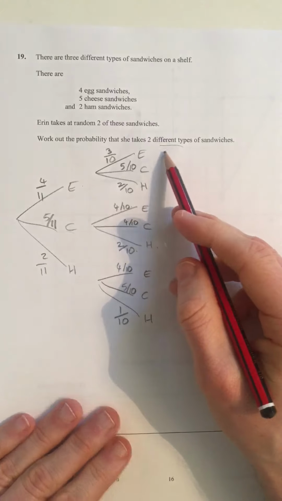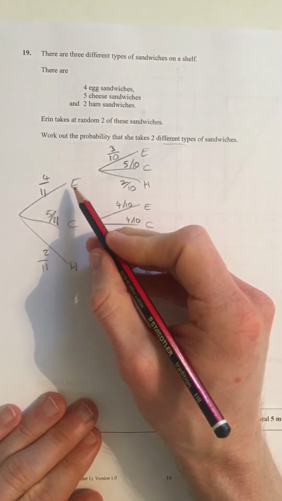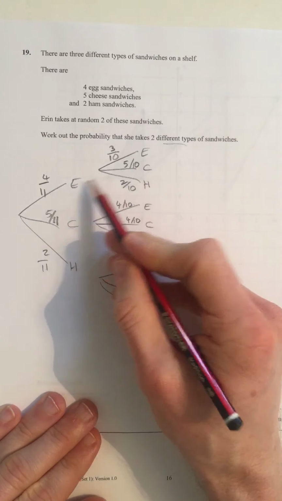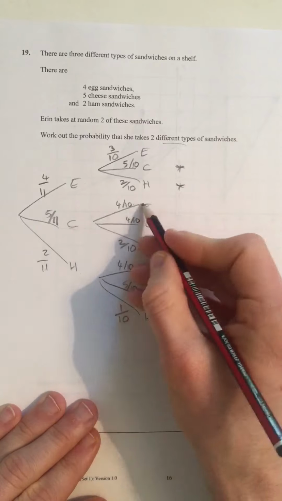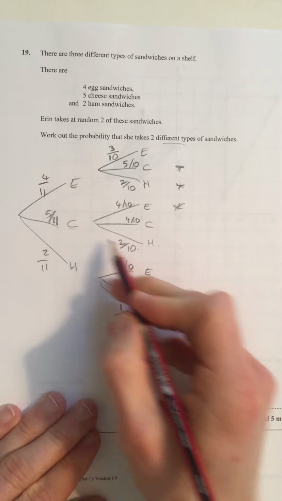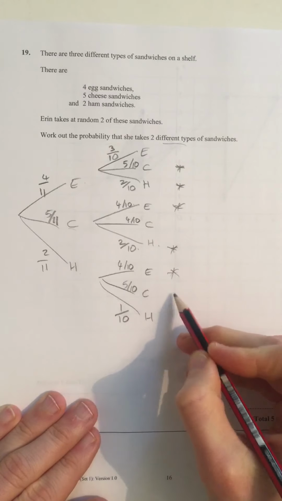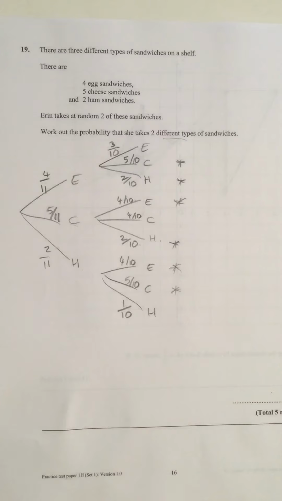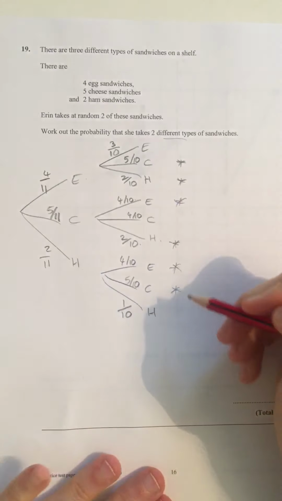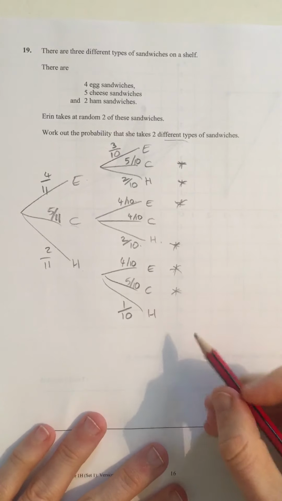So we want to work out the probability she takes 2 different types of sandwiches. So we could do basically 2 different types of sandwiches, egg and cheese, so this one here, or egg and ham, cheese and egg, cheese and ham, ham and egg, ham and cheese. Those are all the different ones that we want to work out. So we could work out all of those and add them together, but that's quite a long thing to do.